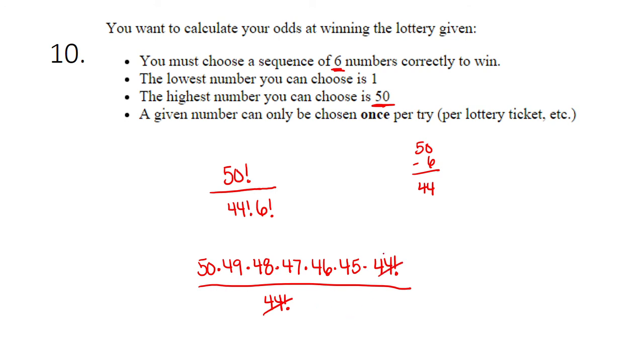We need to multiply all these together, and then we also need to multiply 6 times 5 times 4 times 3 times 2 times 1. This is our chances of winning the probability, or winning the lottery.